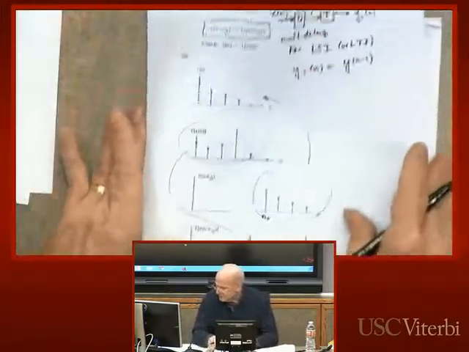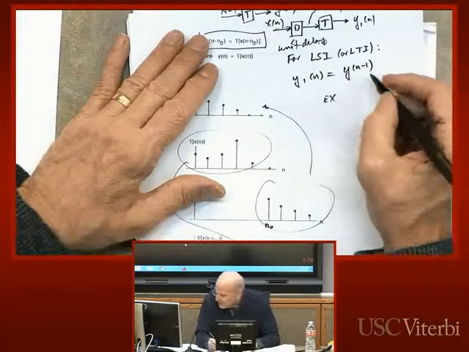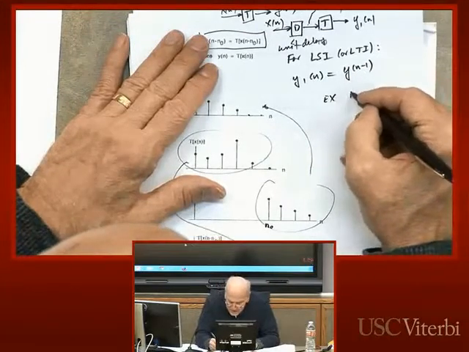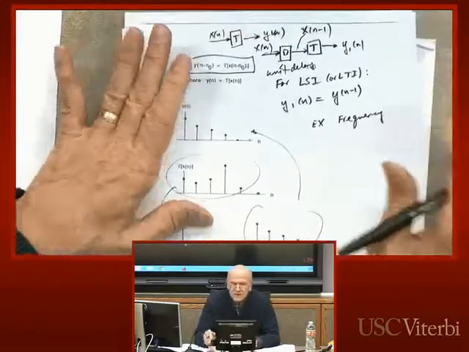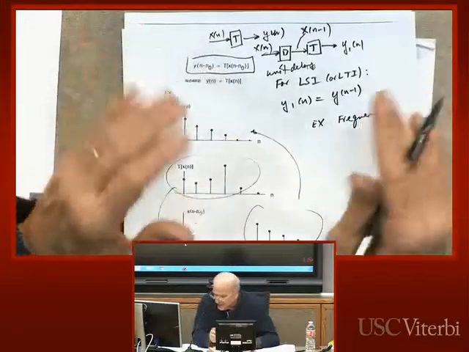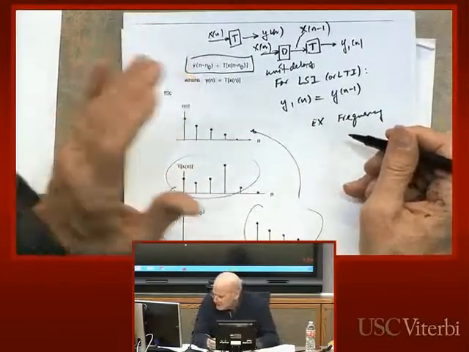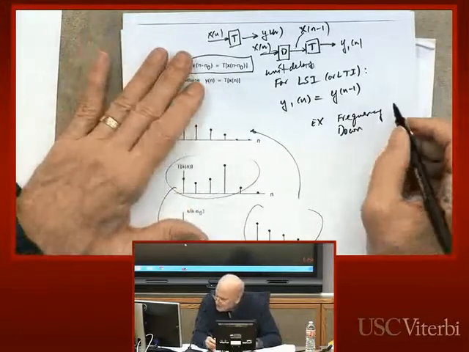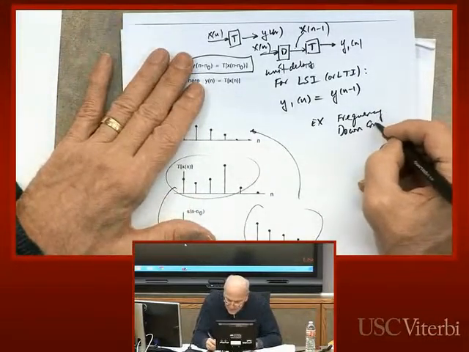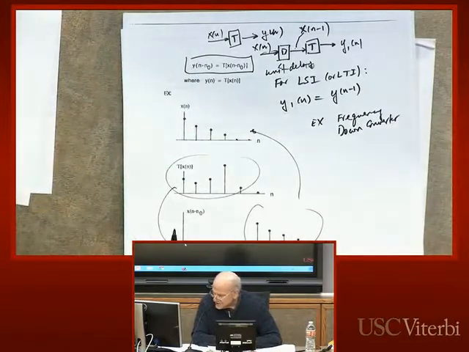Here's an example, by the way. It's an interesting example, and I'm just introducing some of these; we'll come back and define them later. But it turns out if you want to do frequency conversion, this is an example of such a device. It's a very simple example.